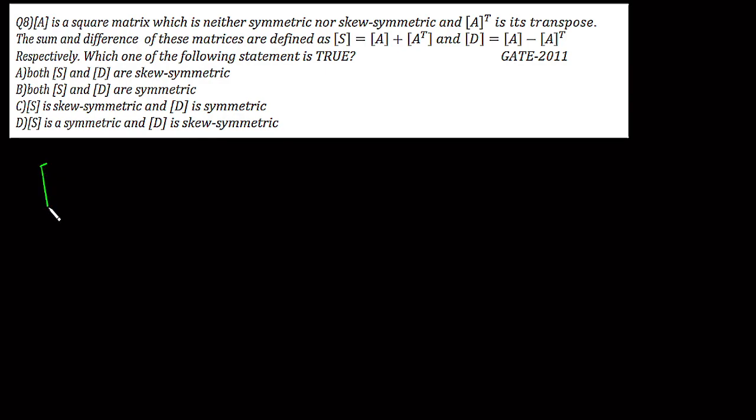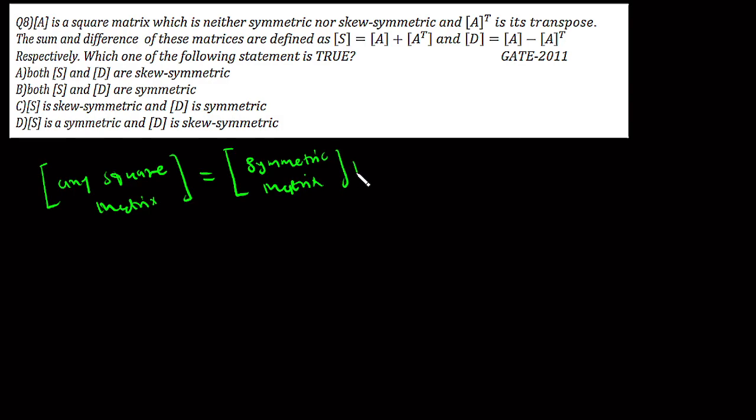Let's say here any matrix, any square matrix, can be represented in the form of symmetric matrix plus skew symmetric matrix.